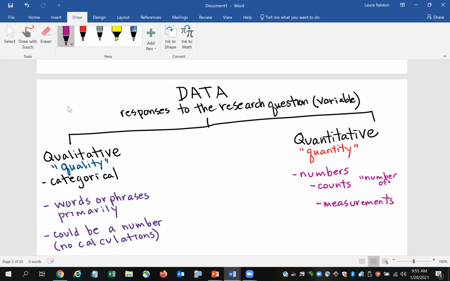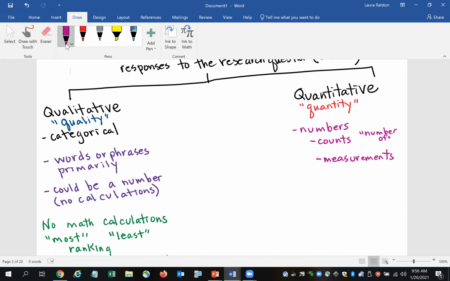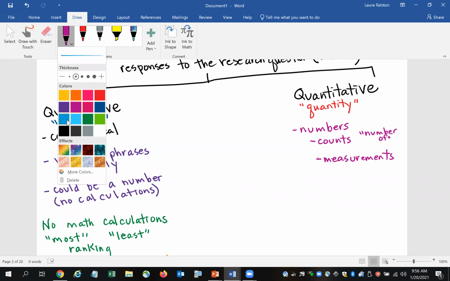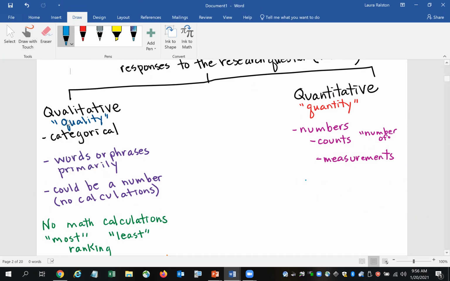So with quantitative data, that idea of it being a quantity, it is definitely going to be numbers that we calculate with. We can perform basic calculations.